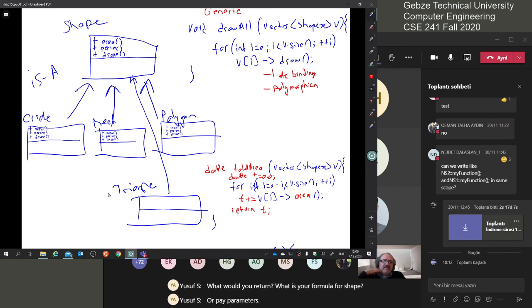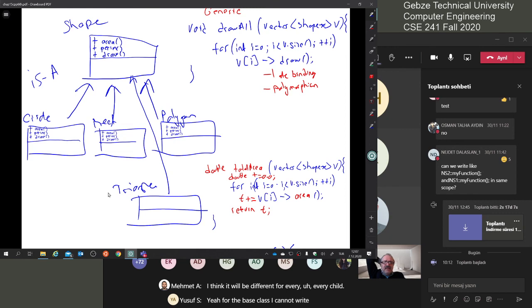Area is alan, perimeter is the çevre in Turkish. I think it will be different for every child. Yeah. For the base class, I cannot write it.